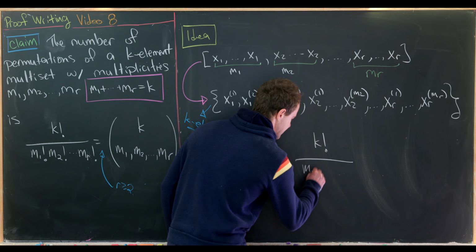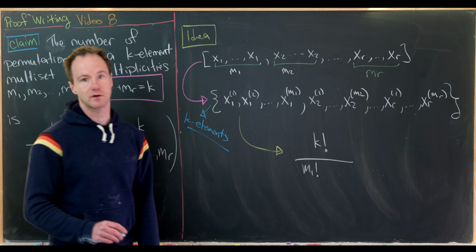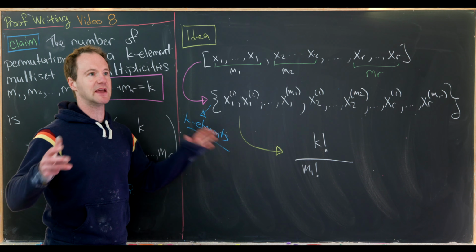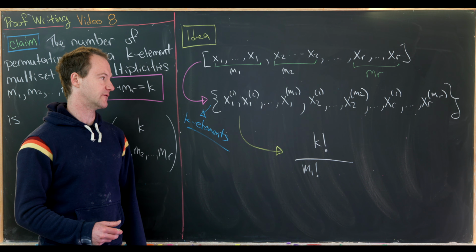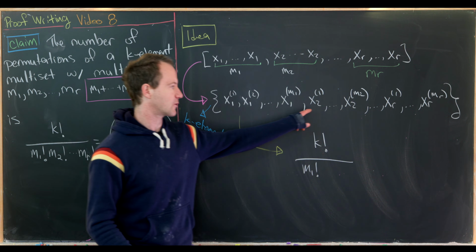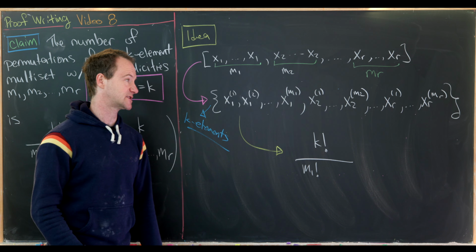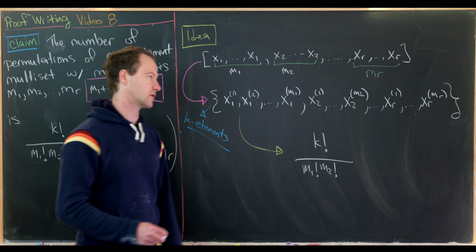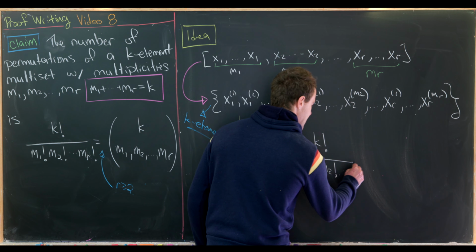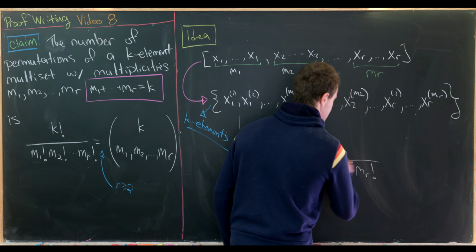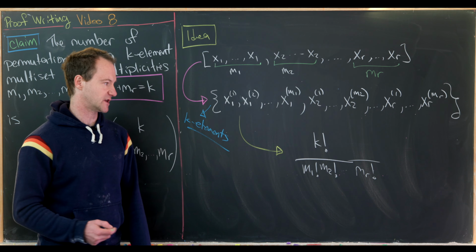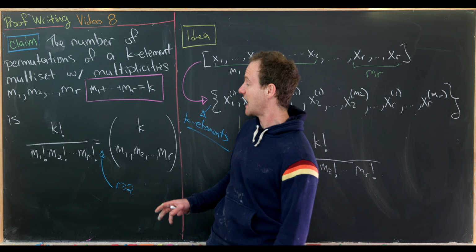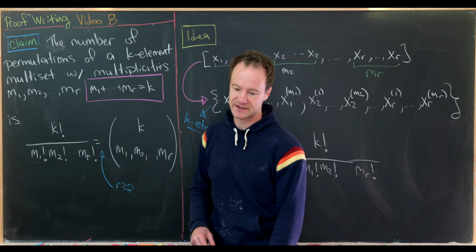So that means we have to divide by m1 factorial, because all of those will be equal to each other. And so we're like making this big multi-dimensional array, if you will. And then how many different ways are there to order these x2s? Well, there will be m2 factorial ways of ordering those x2s, all the way up to mr factorial number of different ways of ordering those xrs. So there's a sketch, and definitely just a sketch, of the proof of this claim.